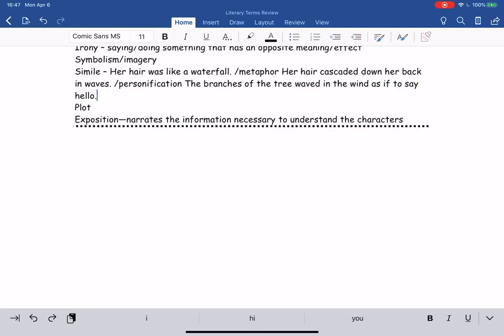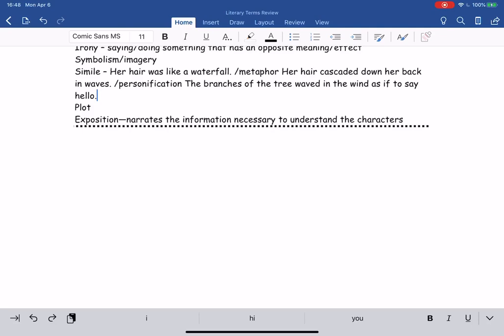Trees don't have hands. Trees don't wave hello to us, but this image kind of gives us a picture of what the tree was looking like, gives it some person qualities. That's called personification. The plot is just the events of the book or the story, what happens.